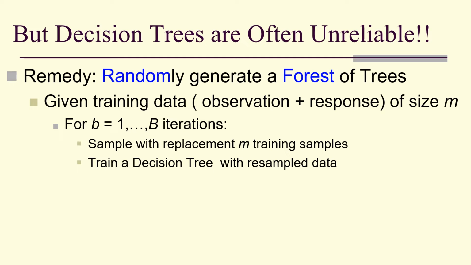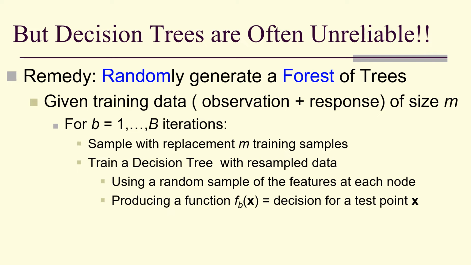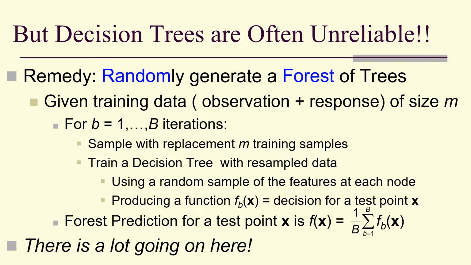We train a decision tree with the resampled data. We use a random sample of the features at each node, and we produce a function f sub b of x, which is a decision for a test point x. Then we make a prediction from the forest, which is the average over the individual decision tree decisions.